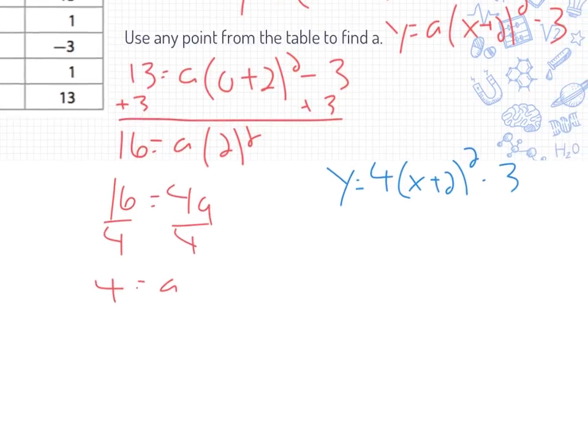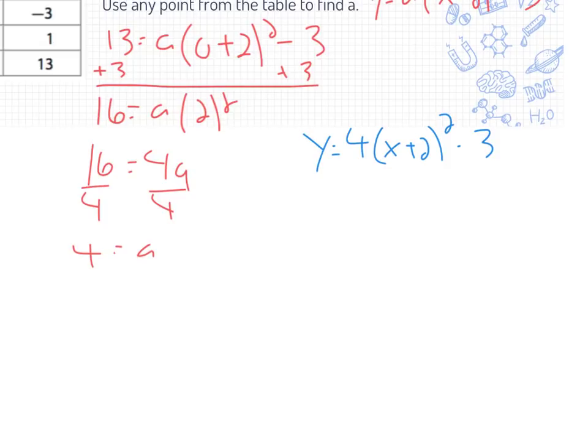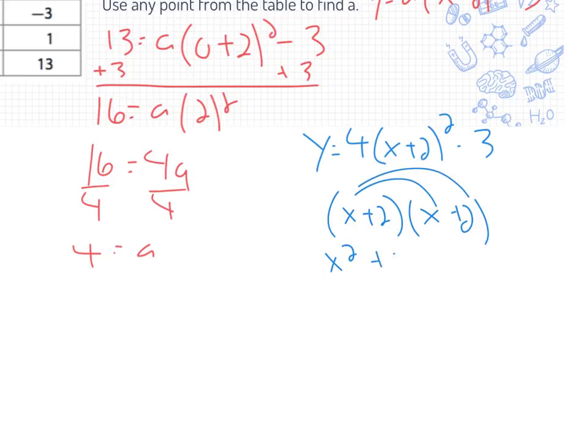Now we need to get this in the standard form. So x plus 2 times x plus 2. And you get x squared plus 2x plus 2x plus 4. And then combine like terms, you get x squared plus 4x plus 4.